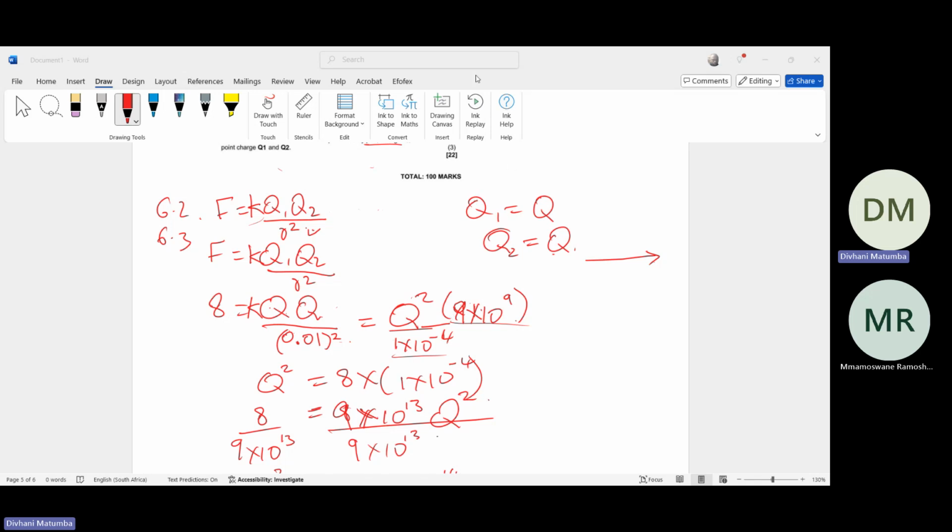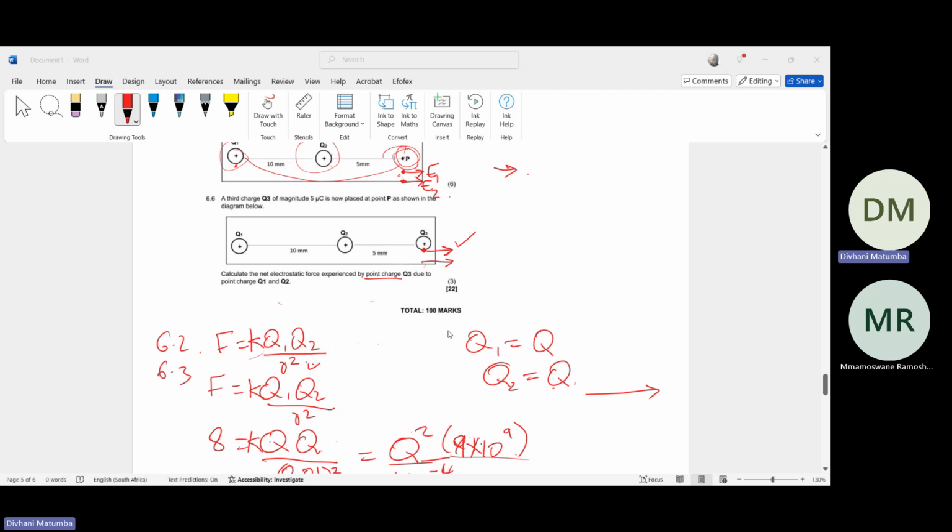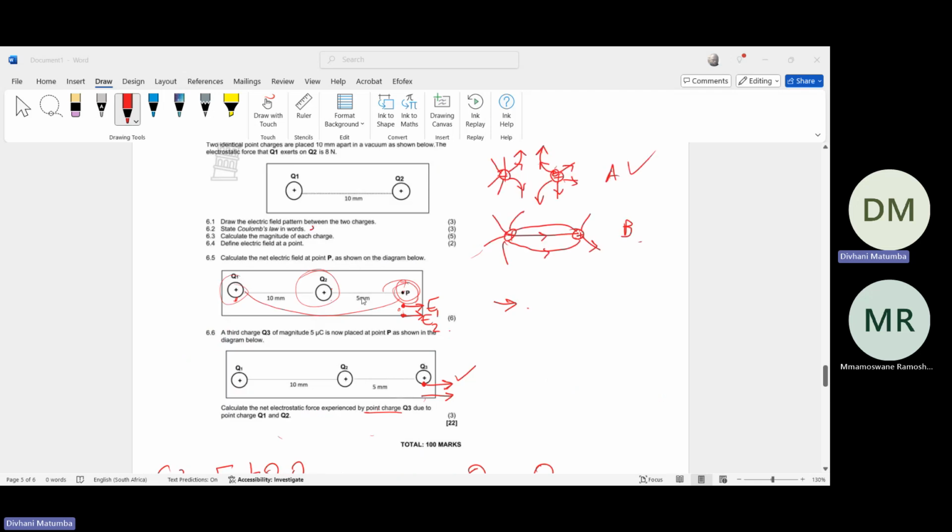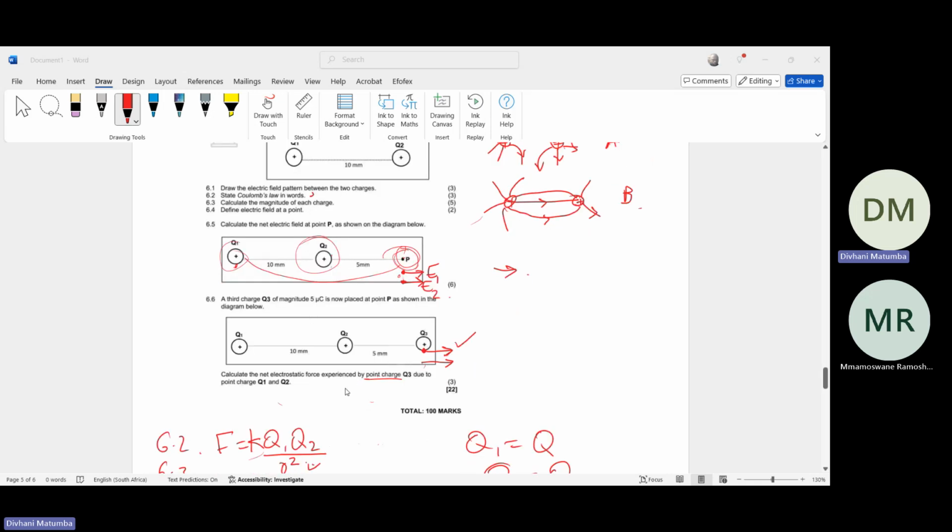The other one that they can trick you with is, okay. Oh, the other thing that I wanted you to note is that in grade 11, you're only gonna be dealing with identical spheres.